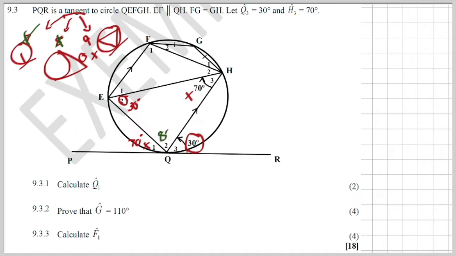Next up, they tell me, or I can calculate actually angle Q2 by either going interior angles of a triangle or angles on a straight line, whichever one works. Second last, I'm going to go towards the parallel lines.